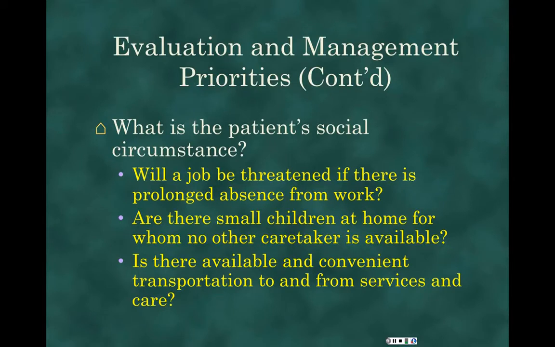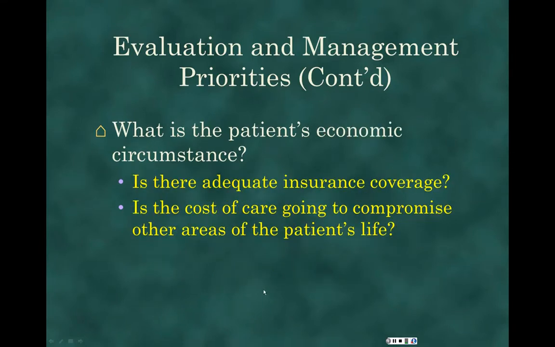Are there small children at home who have no other caretaker available? Is there transportation to and from services and care, etc.? And what is the patient's economic circumstances? Do they have adequate insurance coverage? Is the cost of care going to compromise other areas of their life?